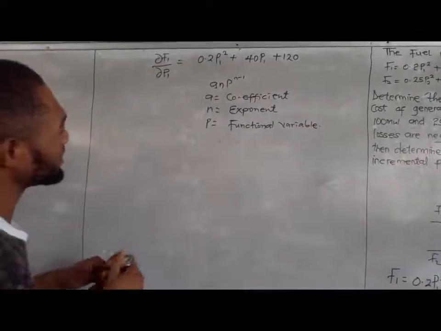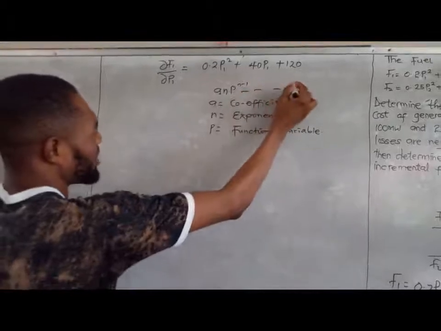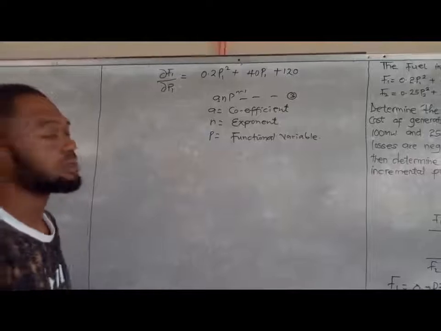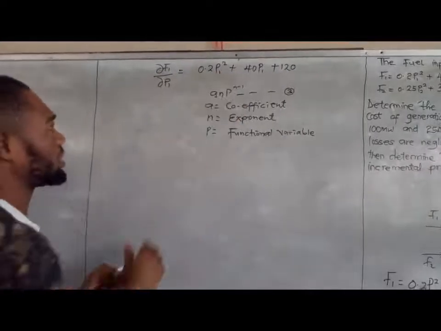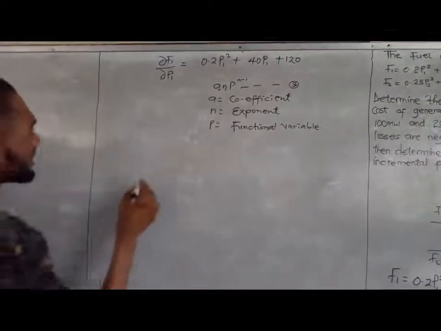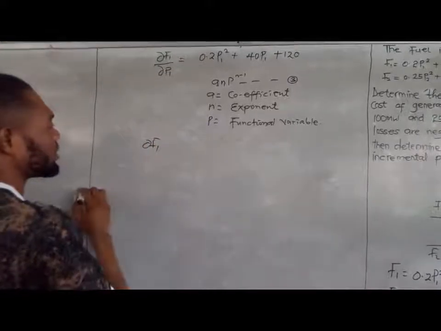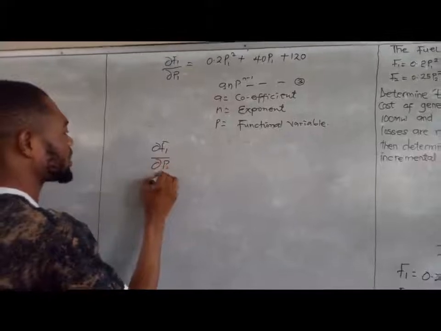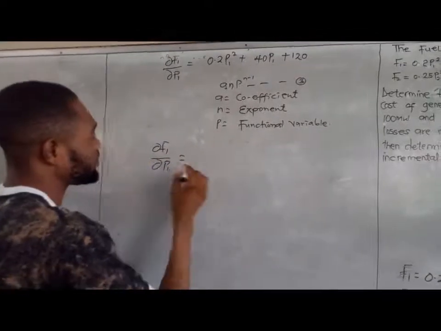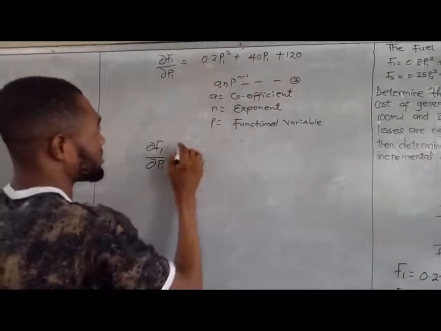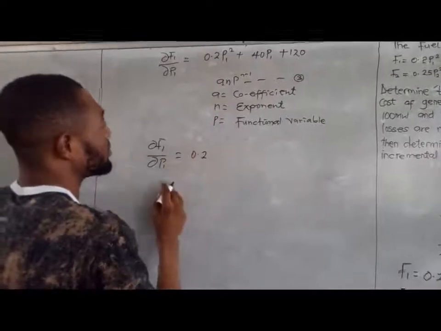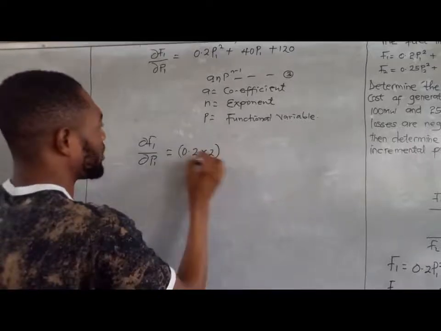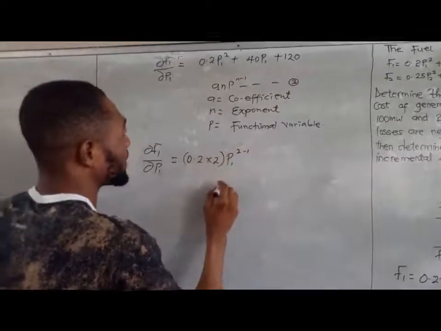So if we use this equation as the reference equation for us to alter this, it means that the differential of F with respect to P1 will equal: the coefficient is 0.2, the exponential power here is 2, so multiply by 2, then P1 to the power 2 minus 1.